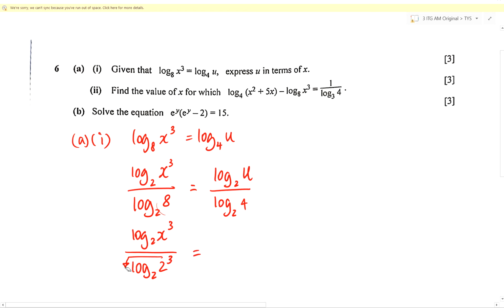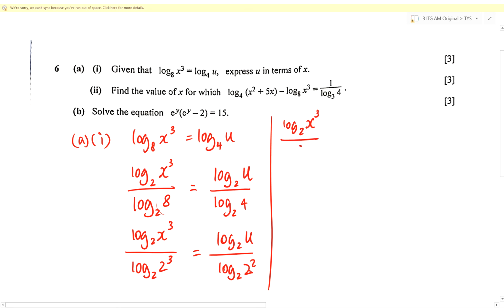Okay, so on the other side, doing the same thing, log base 2 u over log base 2 2 squared. Due to a lack of space, I'll just continue on this side. Log base 2 x cubed over 3 equals log base 2 u over 2.